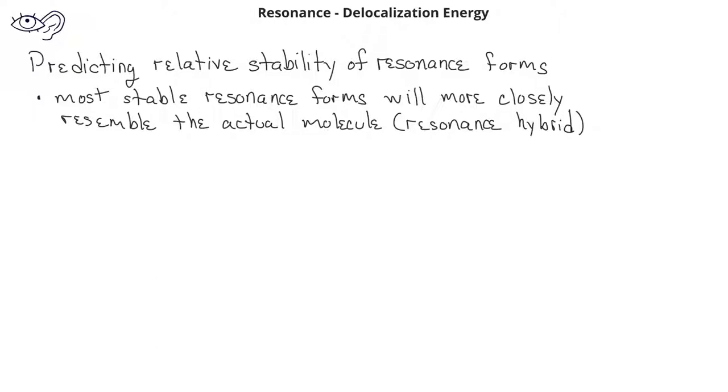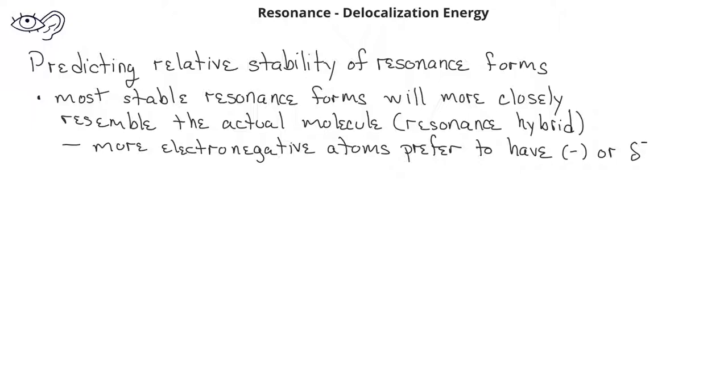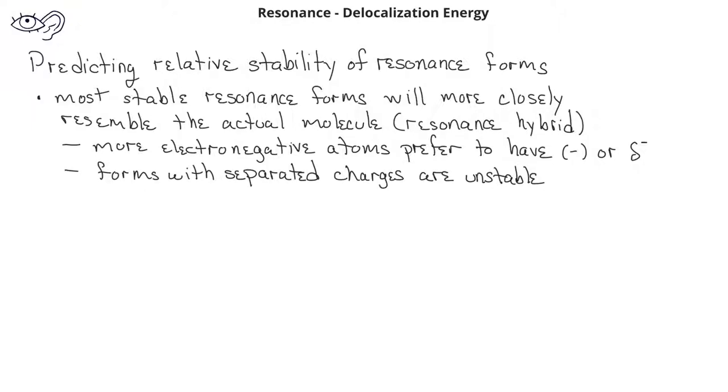As well, more electronegative atoms prefer to have either the negative charge or a partial negative charge if one exists in the resonance form.